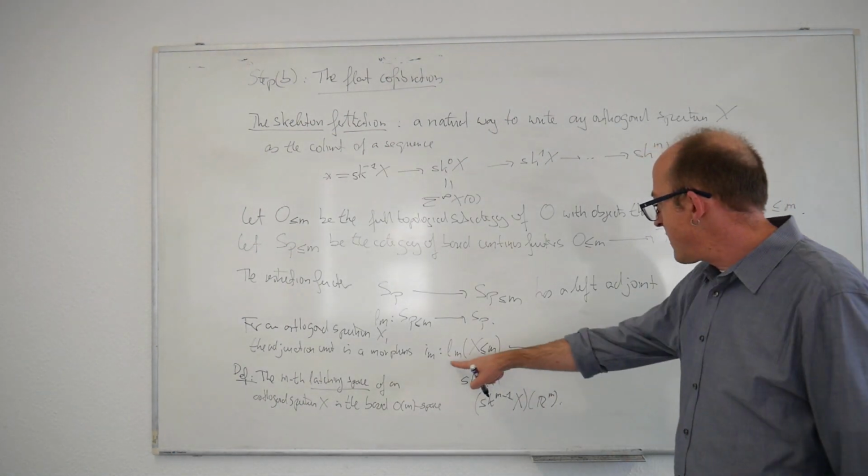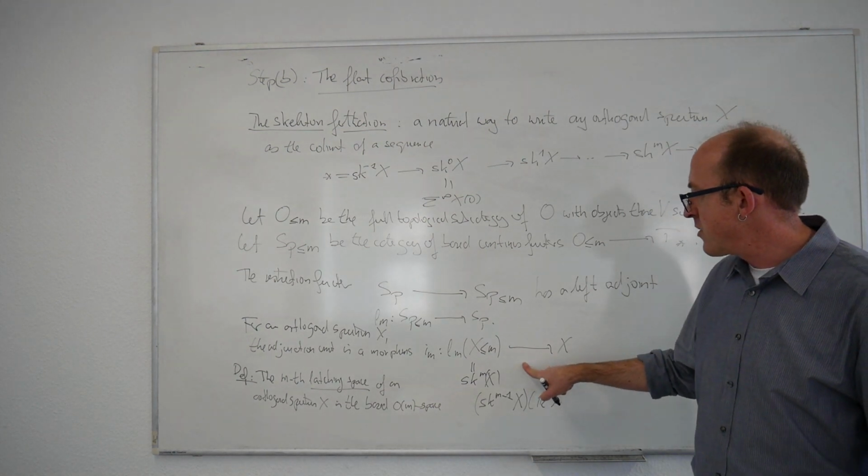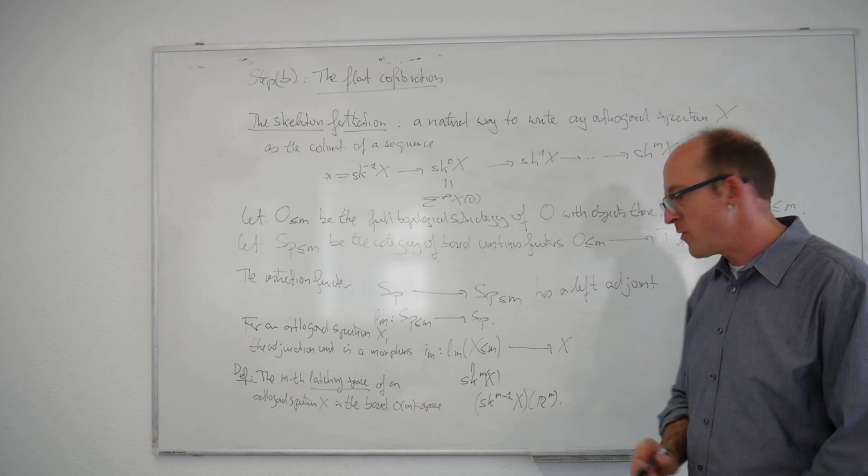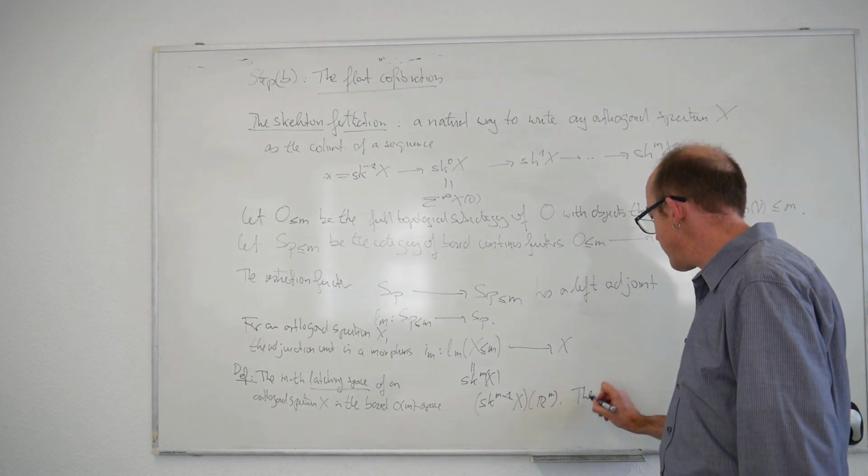Moreover, if we evaluate this unit of the adjunction for M minus 1 at R to the M, we get a morphism of OM spaces.